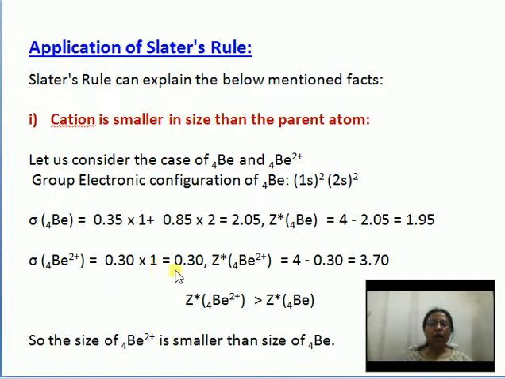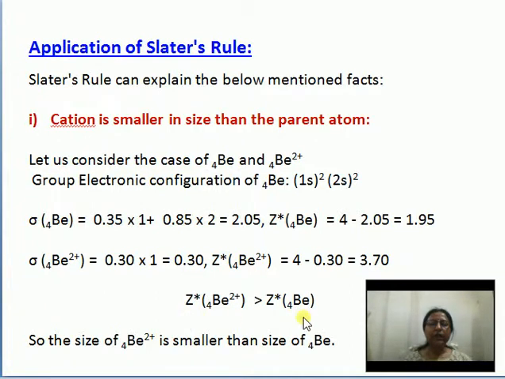So you will get the Z star value as 4 minus 0.30, and it will be 3.70. So you can see clearly that the Z star for beryllium 2+ will be much greater than the Z star for beryllium. What does this indicate?